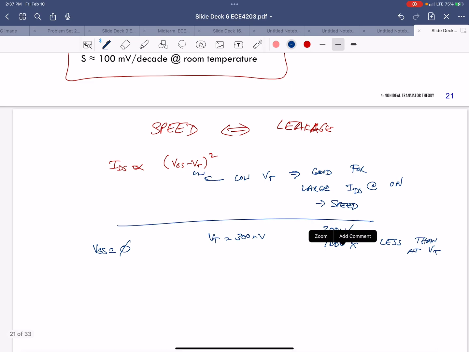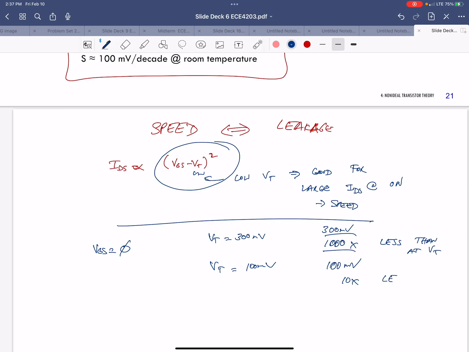Now let's say I want a faster transistor, so let's make the VT 100 millivolts instead. Again, when VGS is 0, now I'm only 100 millivolts below VT. So it's only 10x less. My leakage current is only 10x less than at VT.